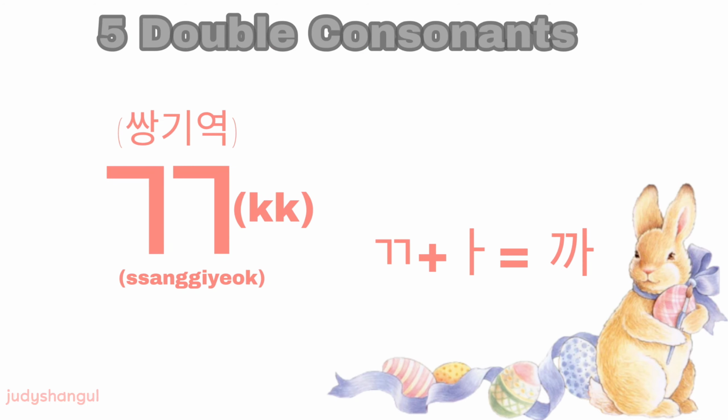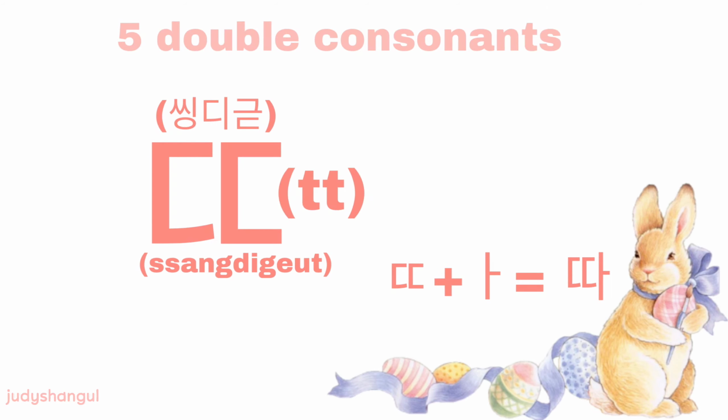It's time to learn 5 double consonants or tensed consonants. 쌍기역. Sang means pair. It's pronounced as a KK sound. 쌍기역 plus A, 까. 쌍디귿.